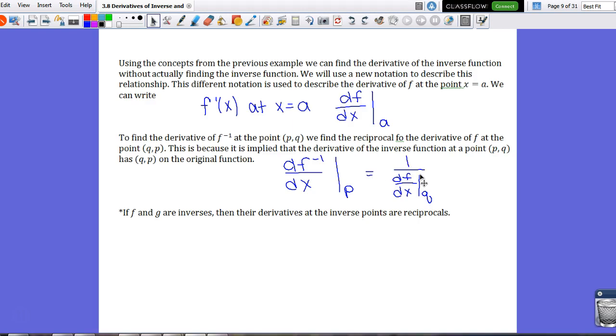So the derivative of the inverse at point P, which is the y value of the original, is equal to 1 over the derivative of the original evaluated at point Q, which is the x value of the original. So give that a second and we'll let that sink in.